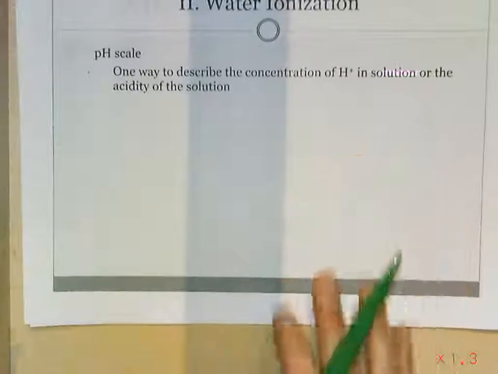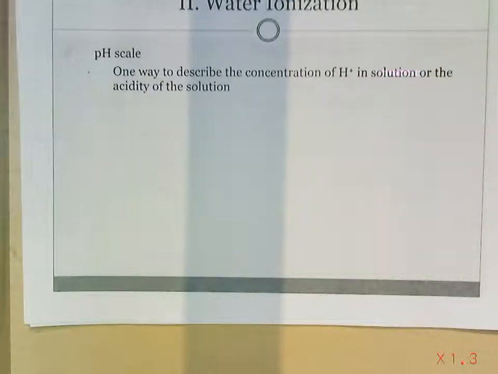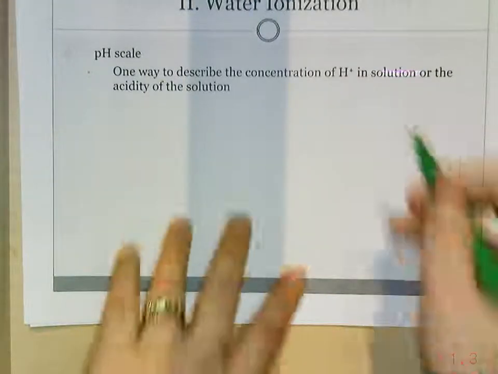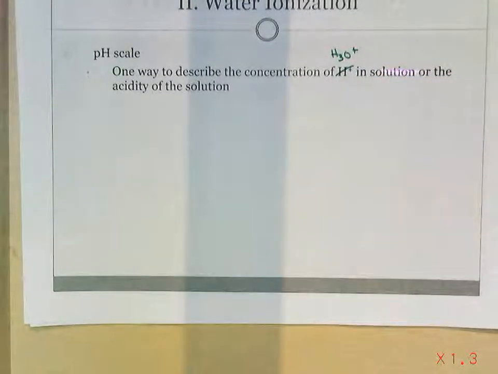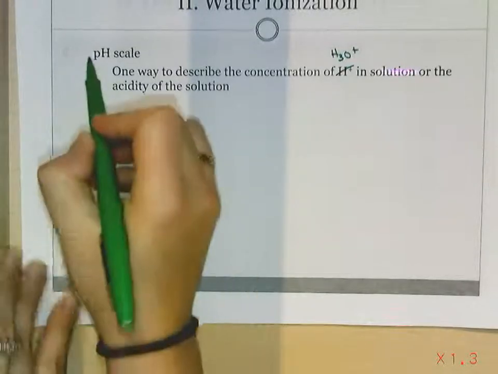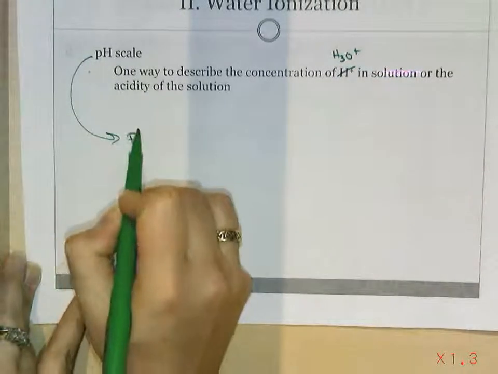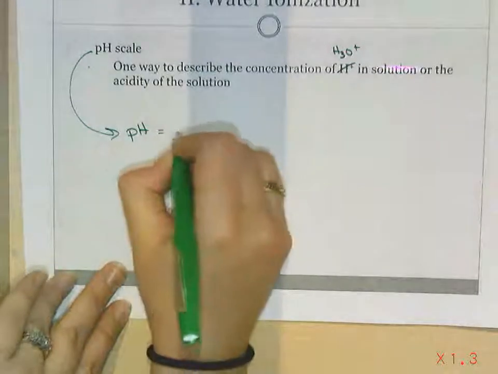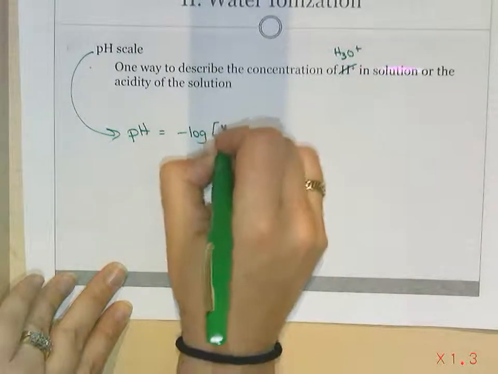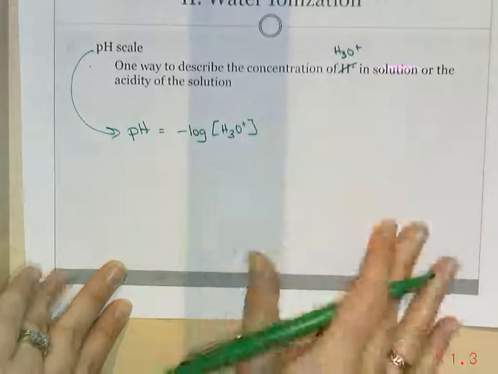The pH scale is a way of describing, more appropriately, the hydronium concentration in the solution. It's a way of measuring acidity. So pH is defined as the negative log of the hydronium concentration.